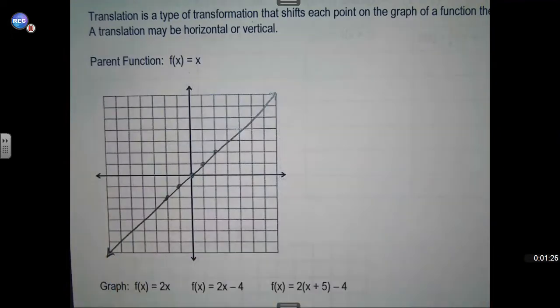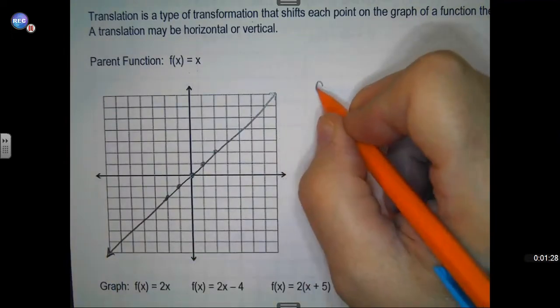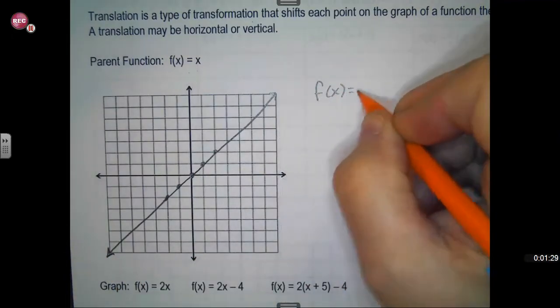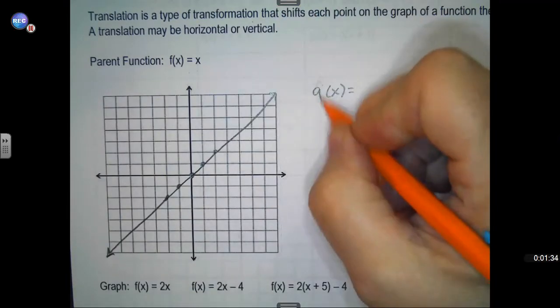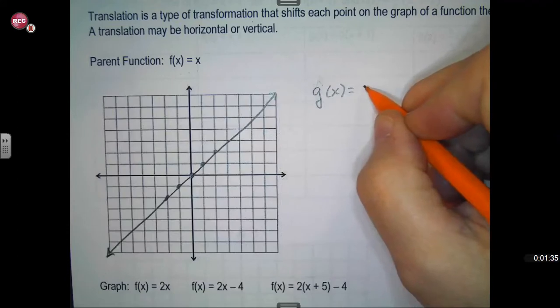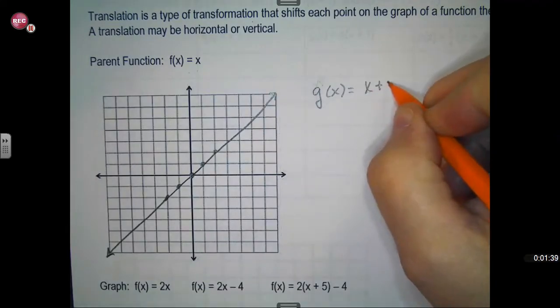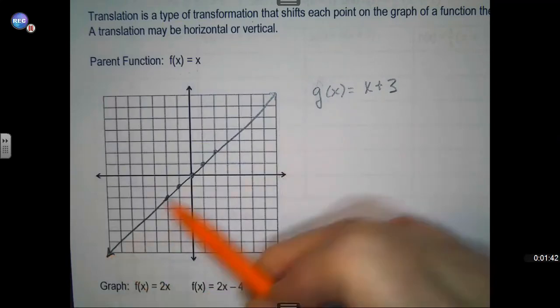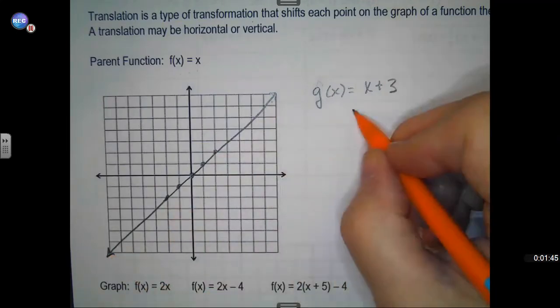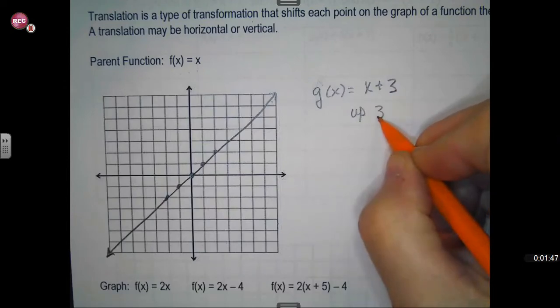Okay, so if I do f(x), or let's change it to g(x), g(x) = x + 3. What that does is it takes this parent function and moves it up 3.